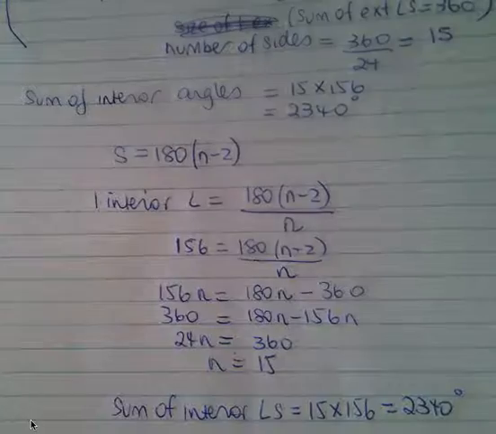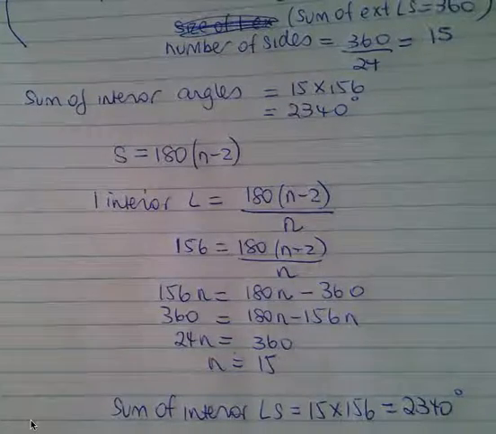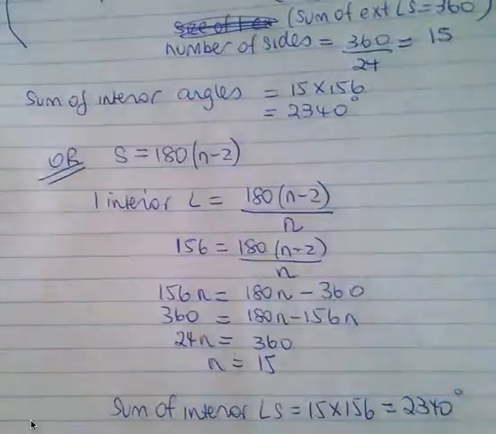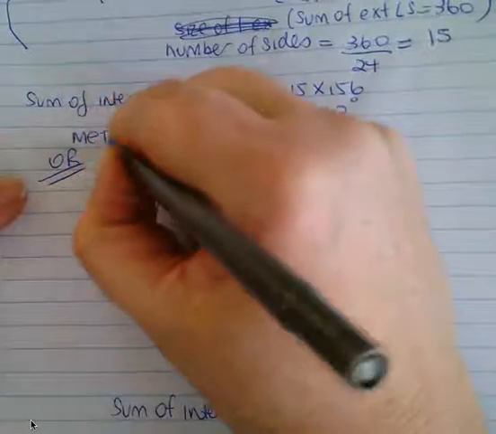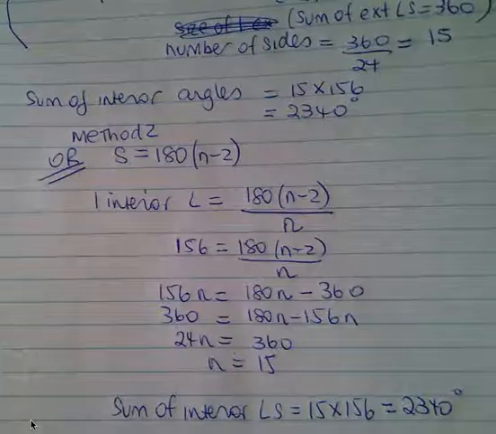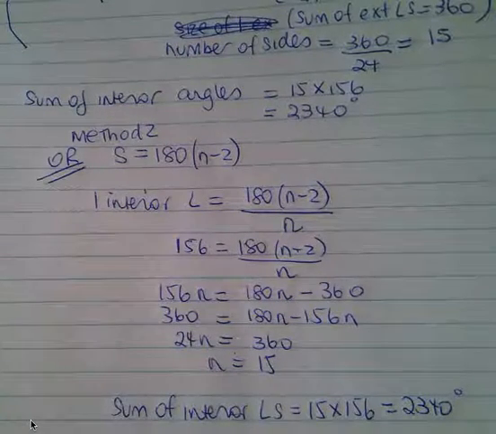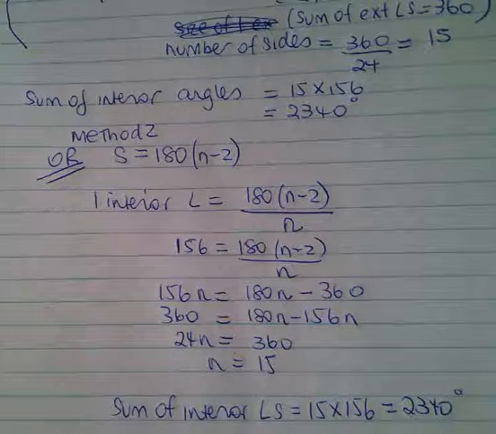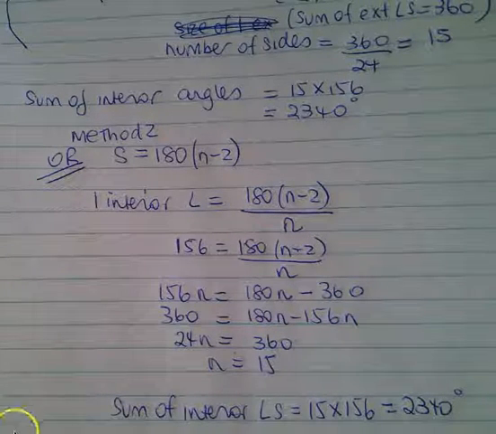I really think the other method is easier, but there are two methods. So this is method 2. Please, if you're ever stuck with these types of questions, always remember your exterior angle formula. It really helps you.